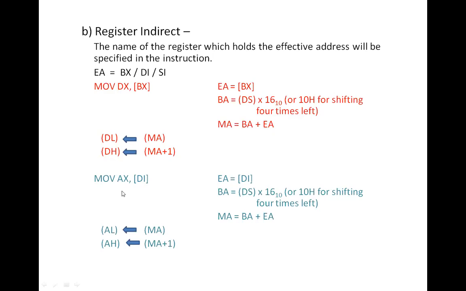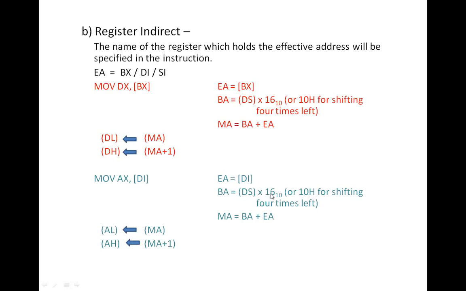Similarly, we have another example, MOV AX, [DI]. Now here DI represents the effective address. So DI contains some effective address. Whatever is the content of the destination index register, it will be considered as the effective address. And then we modify the base address, which is available in the data segment. Since we are working on the data, that is why every time I am saying data segment.